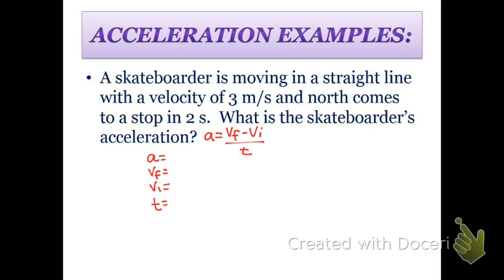The skateboarder is moving in a straight line with a velocity of 3 meters per second north and comes to a stop. What is the skateboarder's acceleration? Sorry, my English is not very good there. I think we need to take out that extra word; it's 3 meters per second north, and comes to a stop.